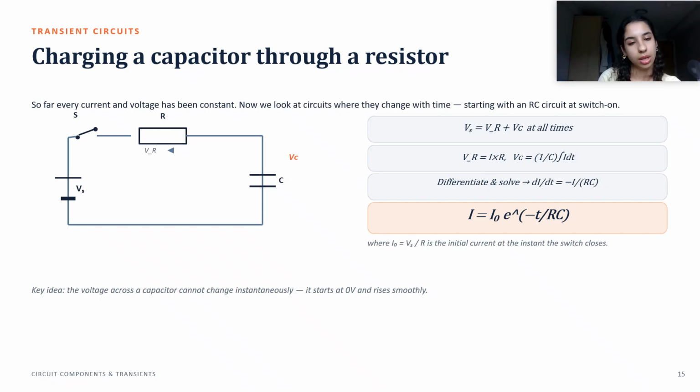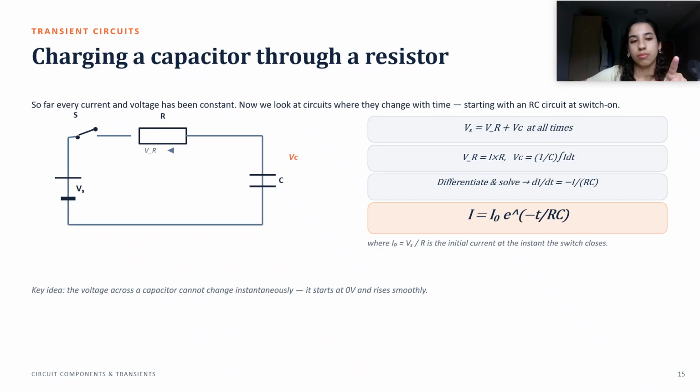And then VC we find using 1 over the capacitance times the integral of current times change in time. That all depends on whether there is a change in time.